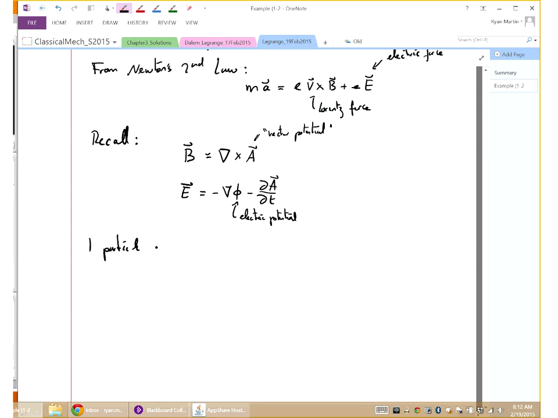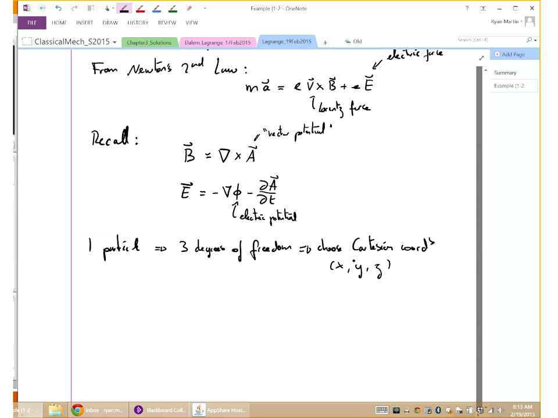So it's one particle. So we have 3 degrees of freedom. And so we'll choose Cartesian coordinates to describe our particle.